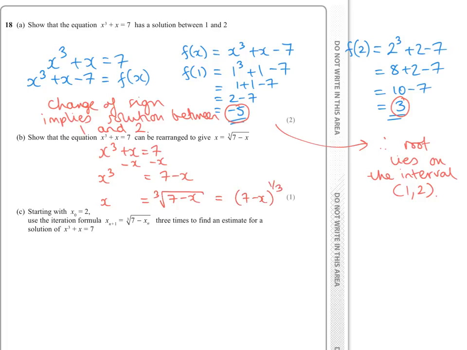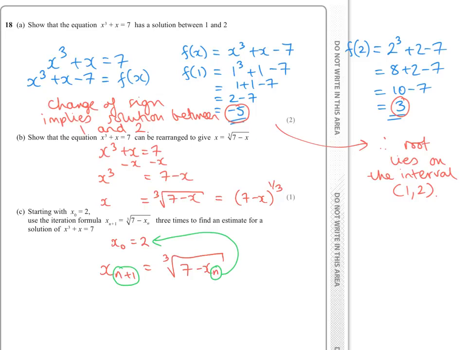Part C says starting with x0 equals 2, i.e. our first value, we're going to put into the iterative formula. And our iterative formula is like so. So to find the next one, we're using old values, and we start here. There's many ways of doing this, and I shall leave that for you to decide how you're going to do it.